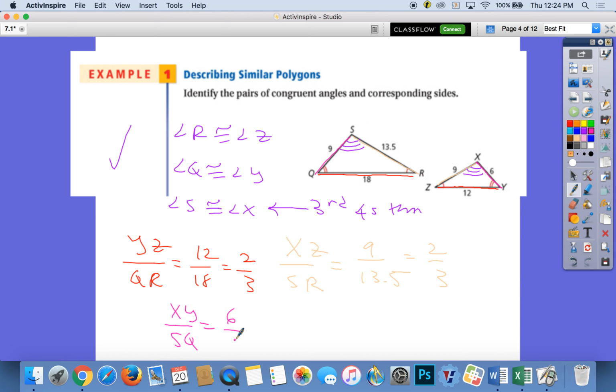XY is 6, SQ is 9, and that simplifies to 2 over 3. So the fact that we showed that all of our angles are congruent and all of our sides are proportional shows that these two polygons, these two triangles specifically, are similar.